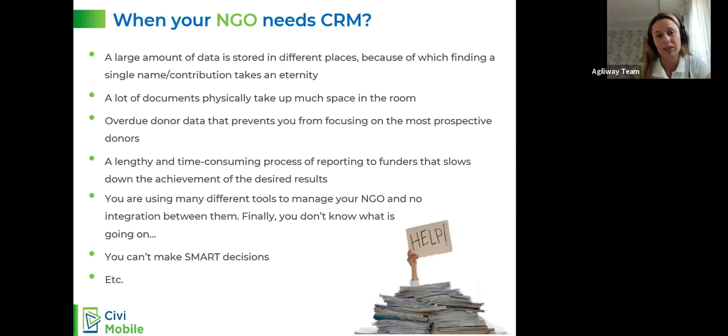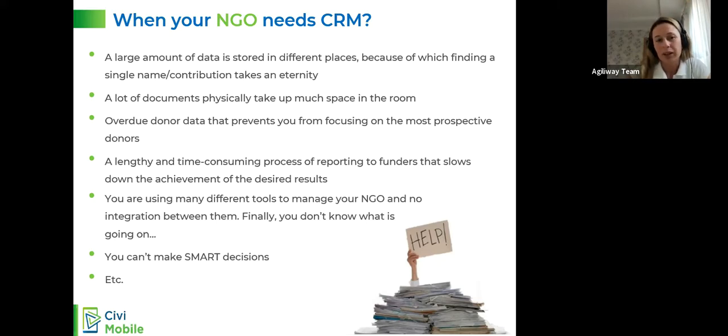So if you have a really large amount of data stored in different places, and you don't know what is stored where, that's a bad signal. It means you need CRM as soon as possible. The same if you have a lot of physical documents and all your shelves are full, that's also a bad signal.